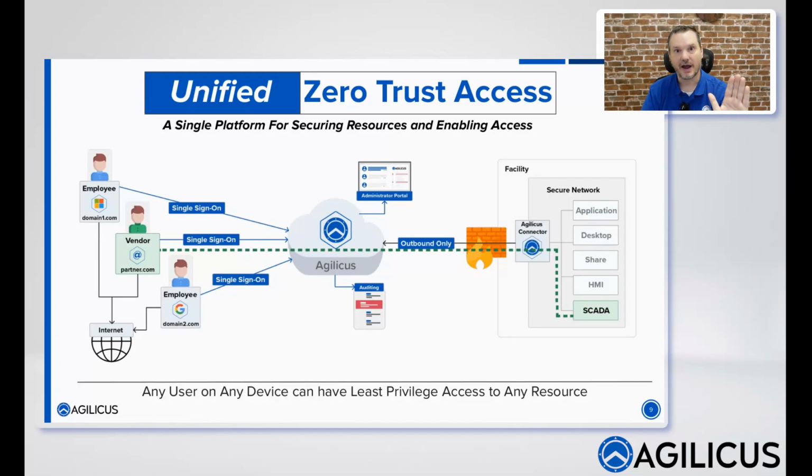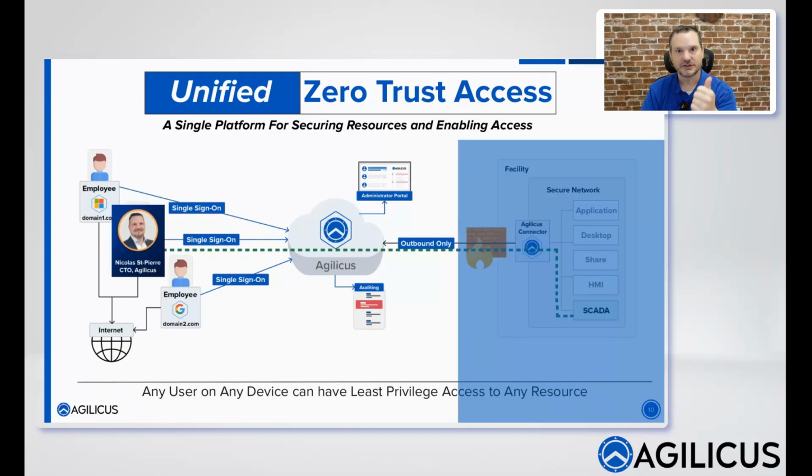From end to end, this is what it looks like. I have my identities on the left side. I have the cloud platform of NEX that provides zero trust access transparently to these applications to the far end and what they are. So on the left-hand side, I will be using my identity, nick@agilicus.